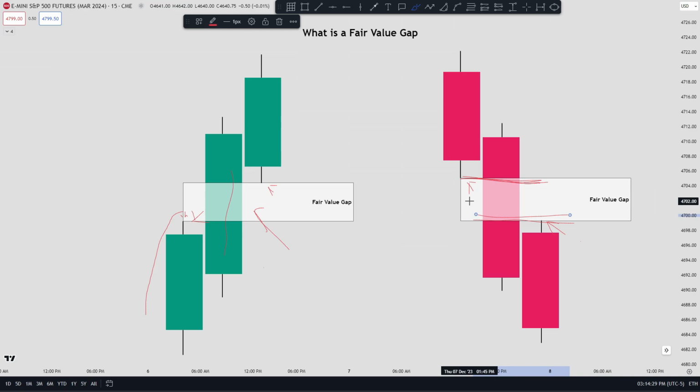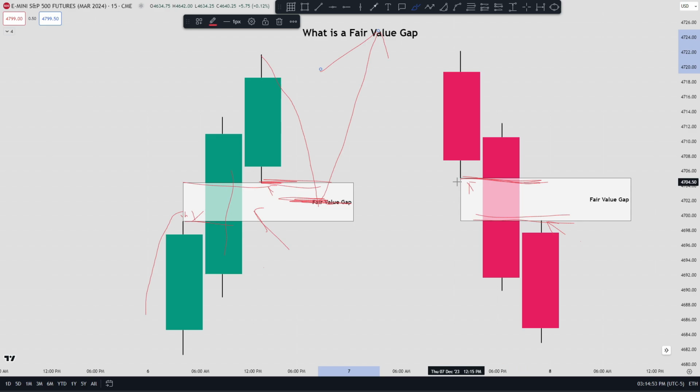And typically when trading fair value gaps, what you anticipate is price to come back down into this separation area. As you can see, from this low to this high, price comes back down into at least the opening here or the 50%, and then you guys see a bounce. So that's what we anticipate from a fair value gap.